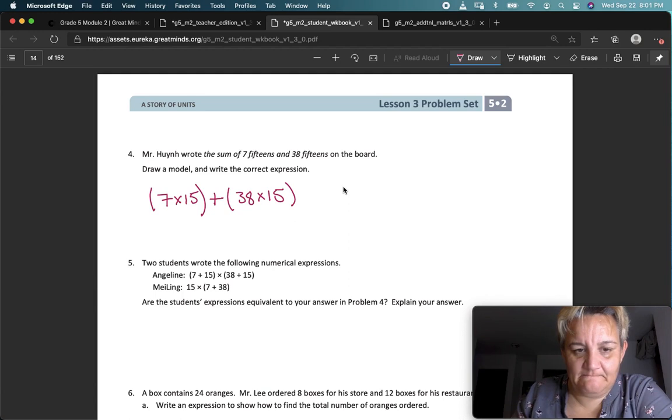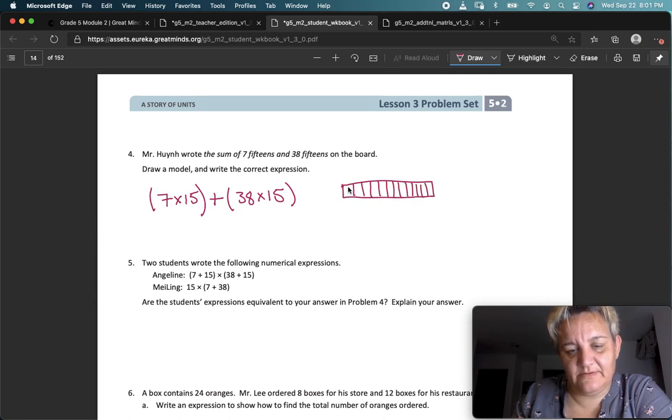Let's see. I'm going to split this into 15, 2, 3, 4, 5, 6, 7, 8, 9, 10, 11, 12, 13, 14, 15, and we're going to say each of those is 7. So this is 7 times 15. And then I'm going to add on here another 15.